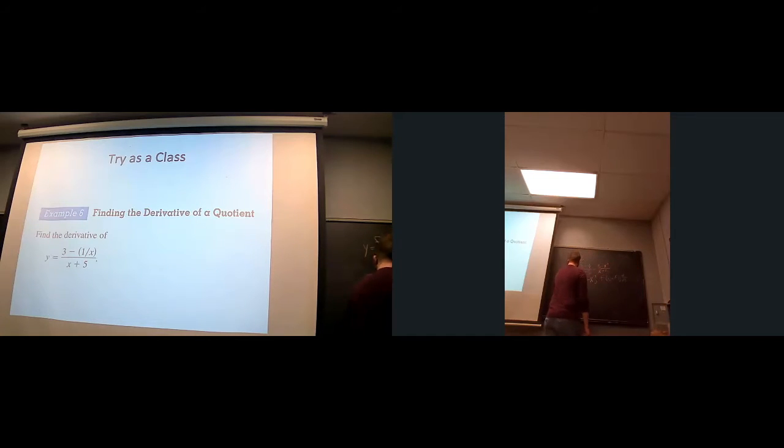So moving on now to g of x, that's going to be x plus 5, and g prime of x is just going to be 1.